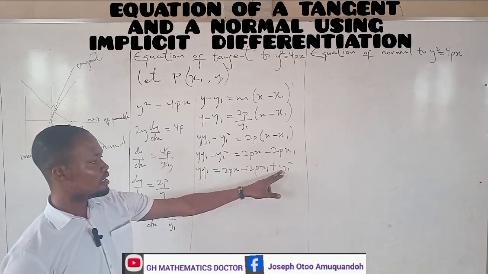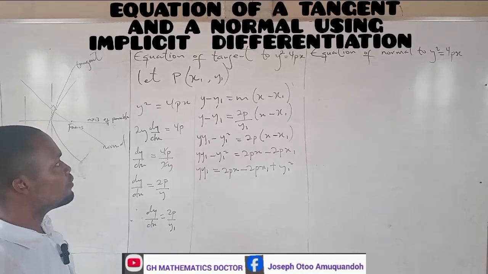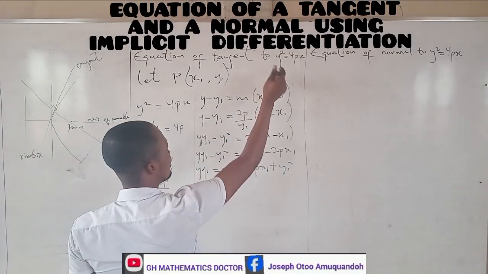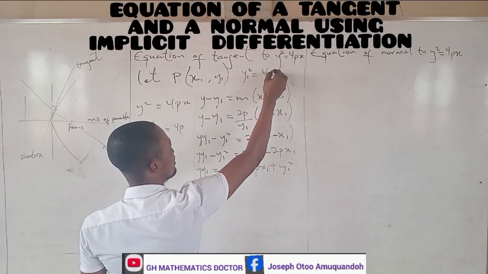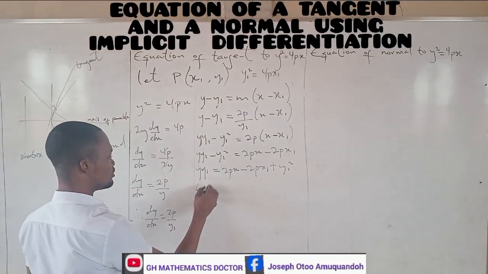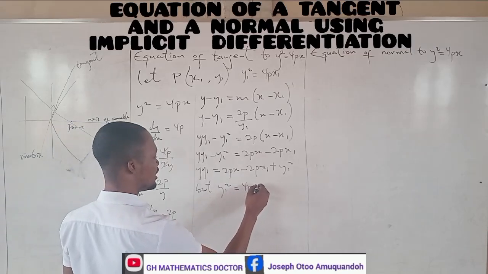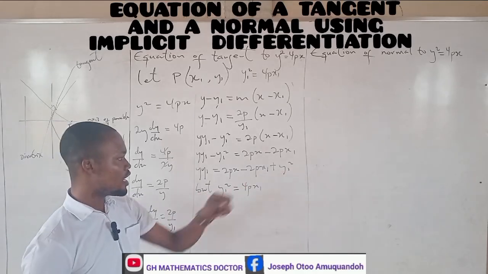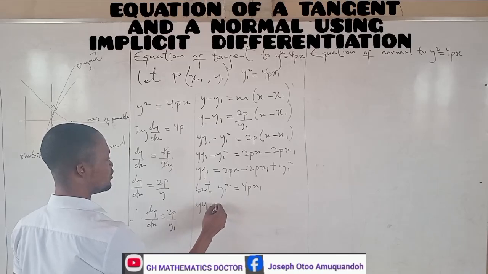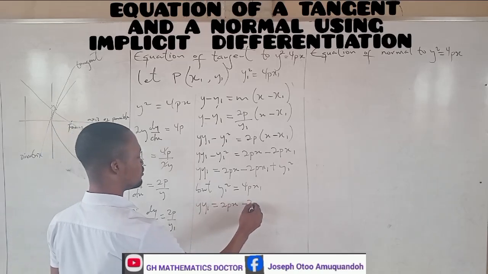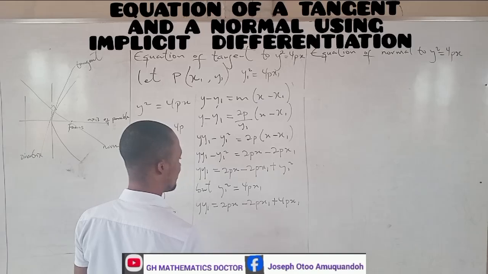Now this y1 squared can be compared to the equation of the parabola, which says y1 squared equals 4px1. So wherever we have y1 squared, it will be replaced by 4px1, and we have y1 y equals 2px minus 2px1 plus 4px1.